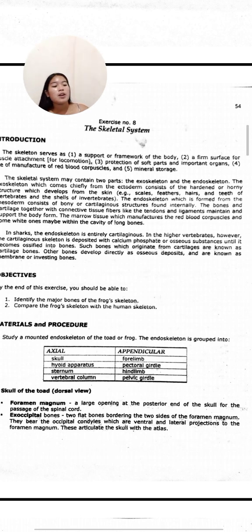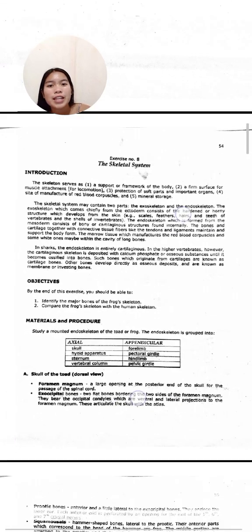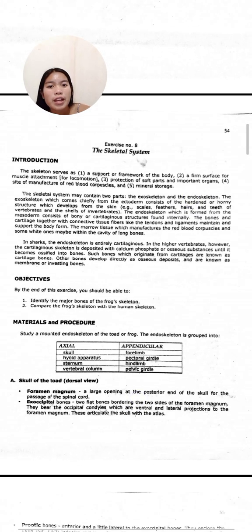Next is, what is exoskeleton? The two parts of skeletal system is exoskeleton. So, exoskeleton is a rigid external covering for the body in some invertebrate animals, especially arthropods, providing both support and protection.